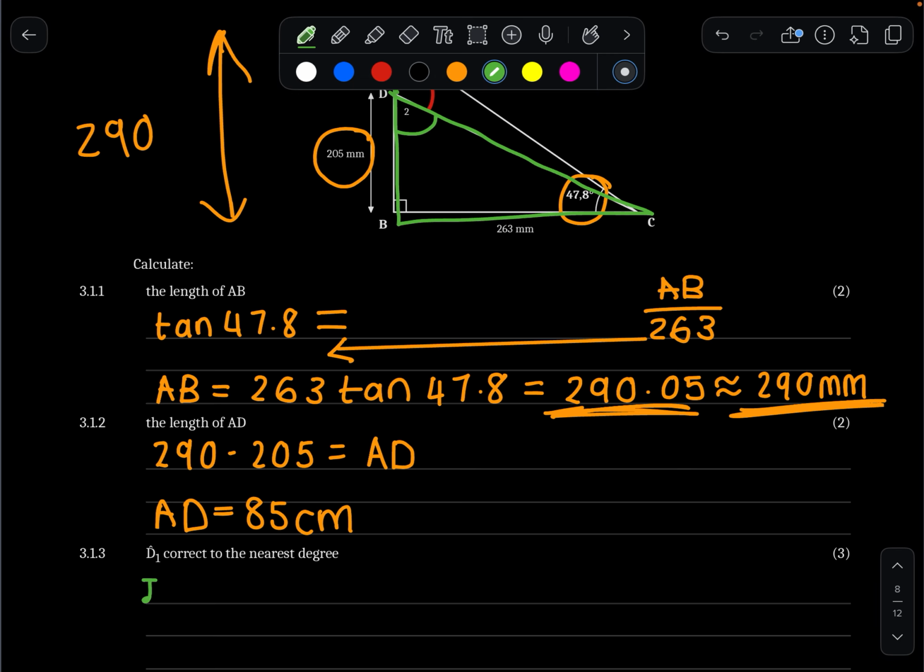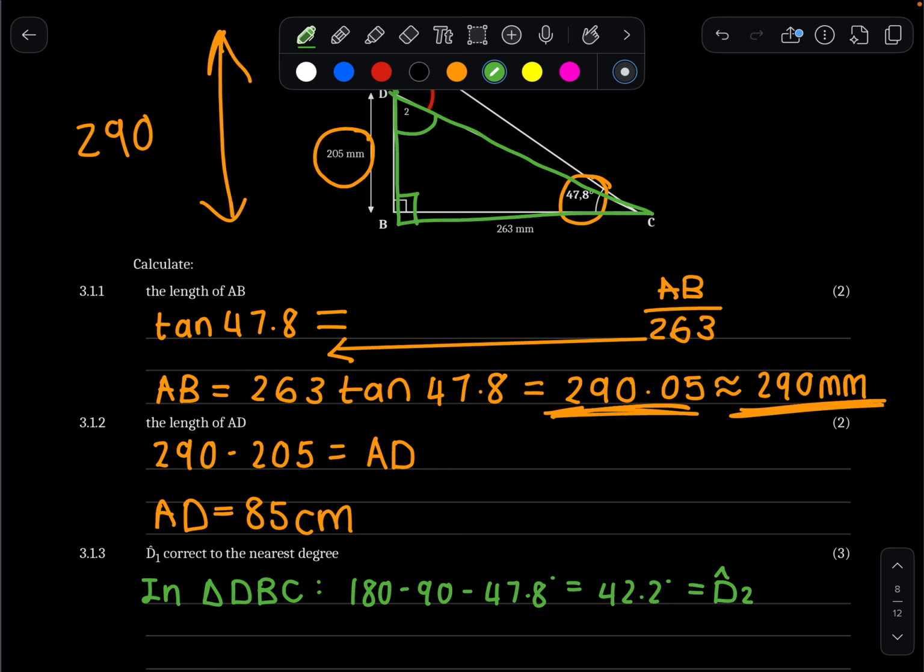In triangle DBC, we can say 180 minus 90 degrees, because they have this 90-degree angle here, minus 47.8 is, let's see, 180 minus 90 minus 47.8 is 42.2 degrees, which is angle D2.